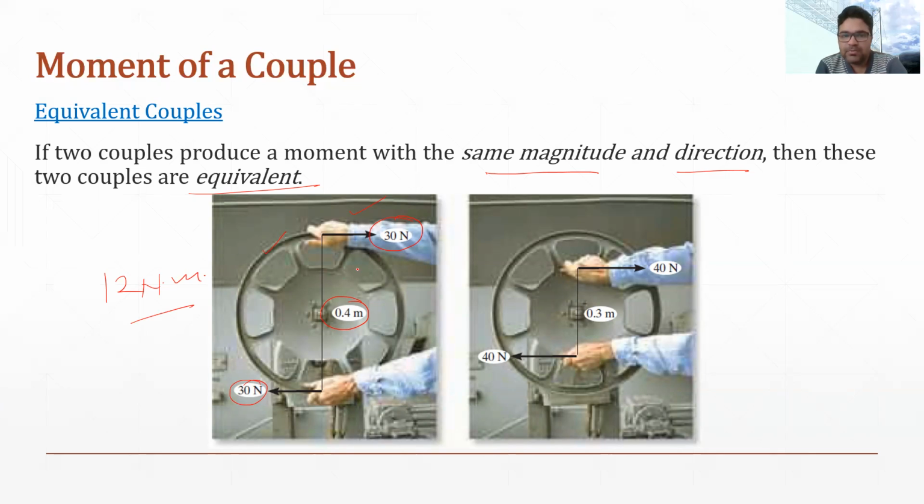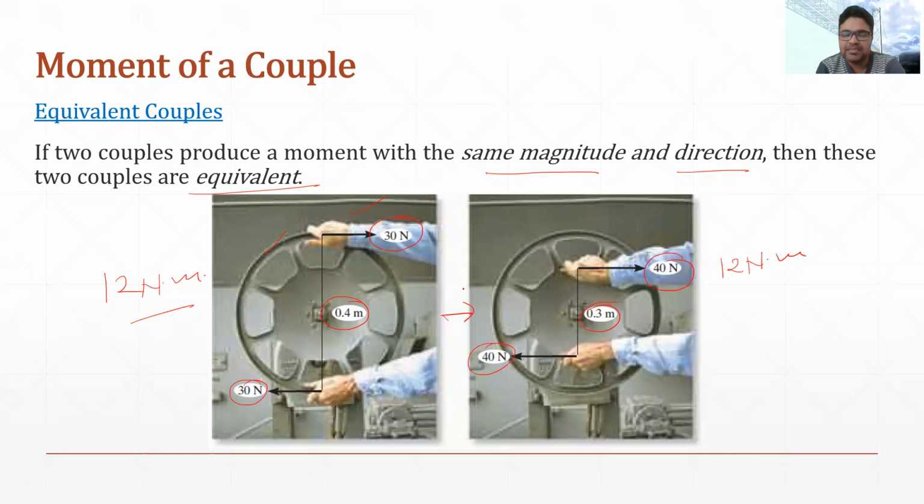Now, the second system is similar, but here we have shortened the circle, and now we are applying more force, and the distance is decreased. In this case also, the couple magnitude will be 12 Newton meter.